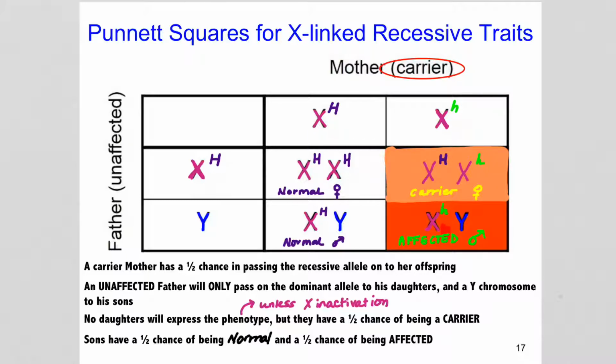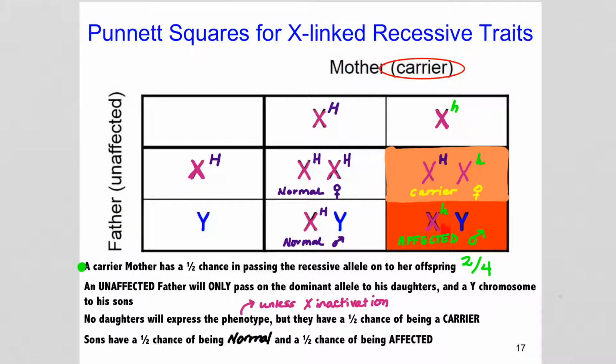So we can see first that a carrier mother has a 50% chance of passing on that recessive mutant allele to her offspring, right? So that's everything that's happening on this right side of the Punnett square. So 2 out of the total 4 possibilities, we see that recessive allele present in the offspring. So that's a 50% chance.